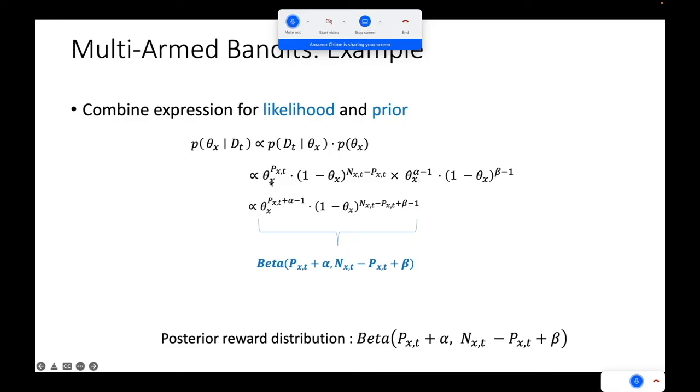Now we can combine the like terms, and what we end up with is an expression for another beta distribution, which has a different set of hyperparameters. So this is why choosing a conjugate prior helps us to simplify the derivation.